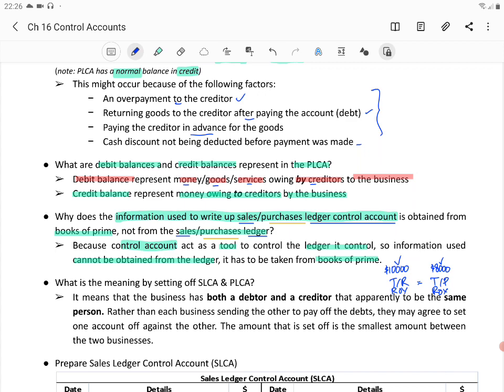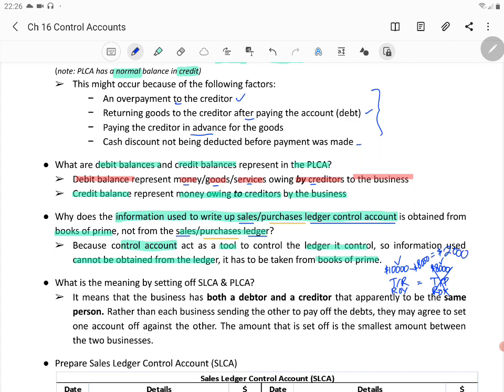Setting off means you erase the smaller amount. The smaller amount is 8,000, so we will erase TP. We decrease it by 8,000, and then we also decrease TR Roy with the same amount, deducting 8,000. So it is now 2,000.